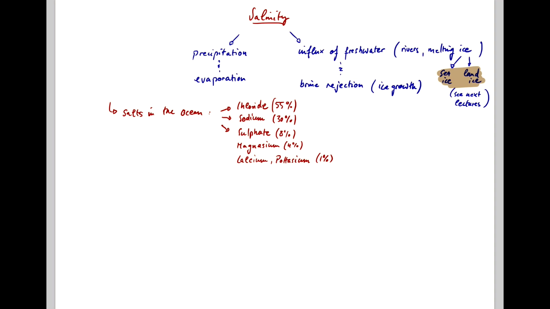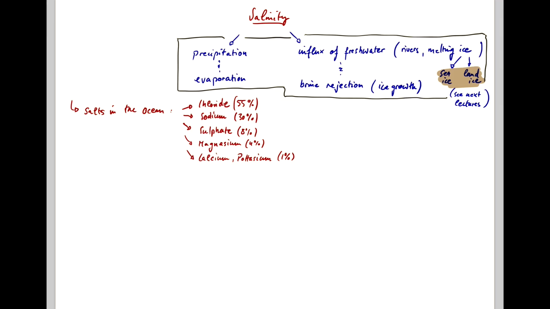Throughout the ocean, these percentages are fairly constant, which means the salts in the ocean are pretty well mixed. Next, for most of the ocean, the range of salinity is fairly narrow. It ranges from about 34.6 to 34.8 parts per thousand.